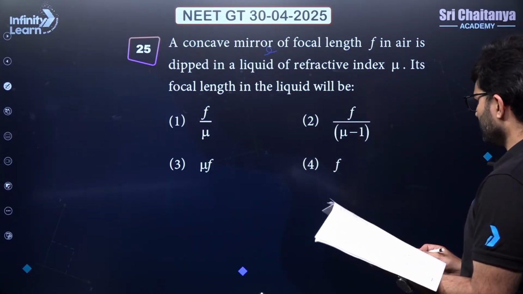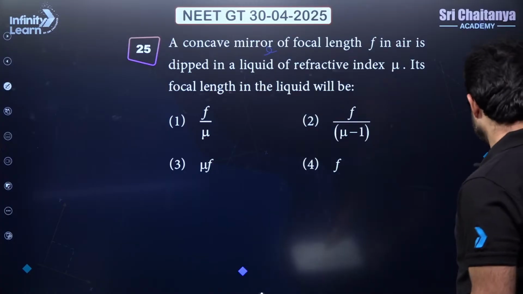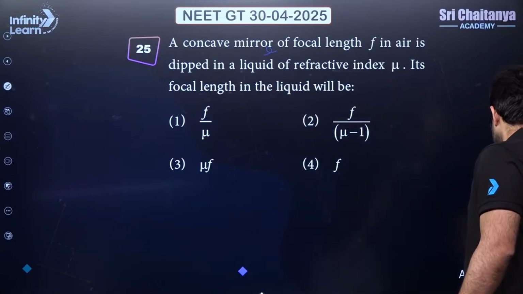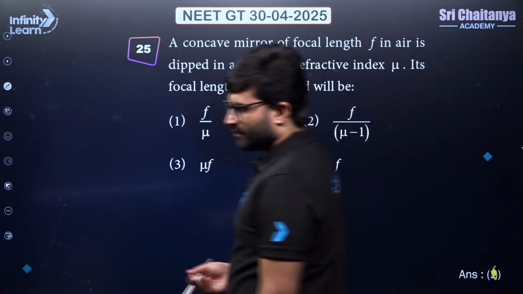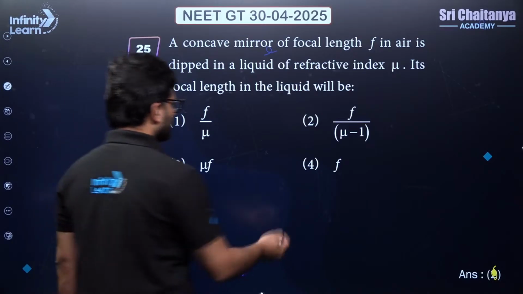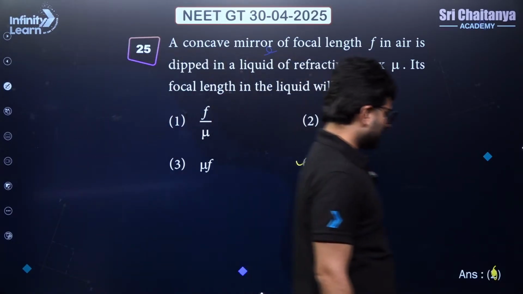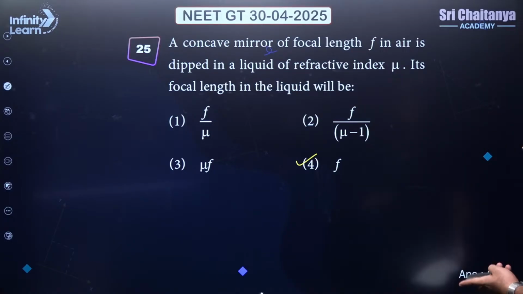Actually this answer is wrong, I think. This is not 2. Whenever you dip a mirror into any refractive index, the focal length doesn't change. The answer is 4, f. So it will not change basically. This is fairly simple.